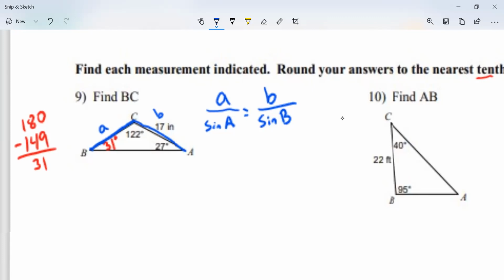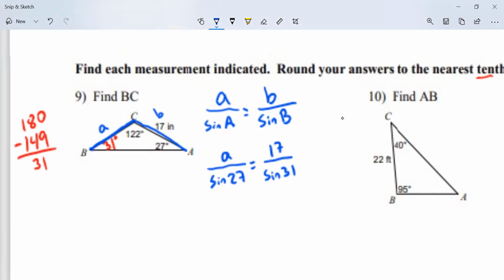What I mean with that is, I don't know what side A is. Obviously, that's what I'm solving for. I'm going to write at the bottom sine of 27 degrees. This is equal to 17 over sine of 31. Good thing I solved for angle B when I use it.